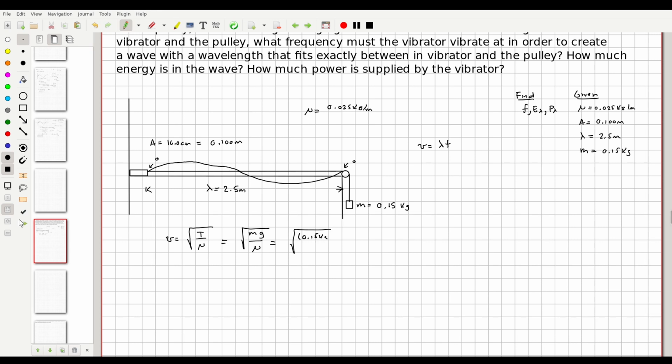So that's the square root of 0.15 kilograms times 9.8 meters per second squared divided by 0.025 kilograms per meter.